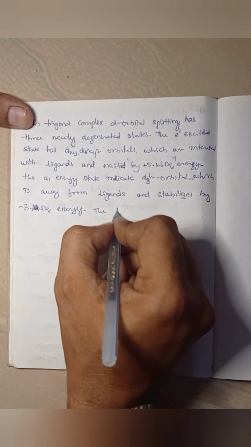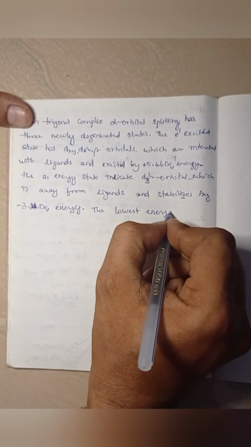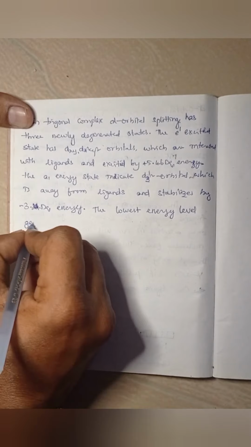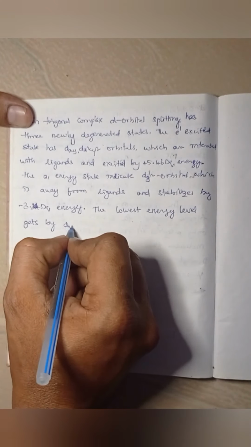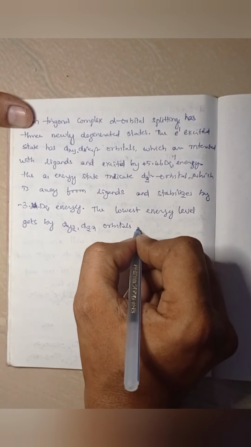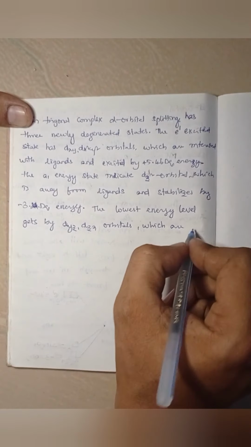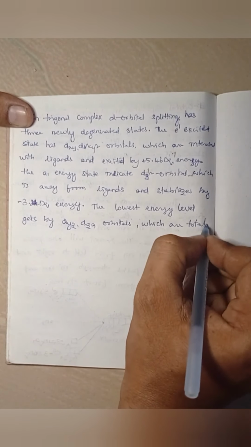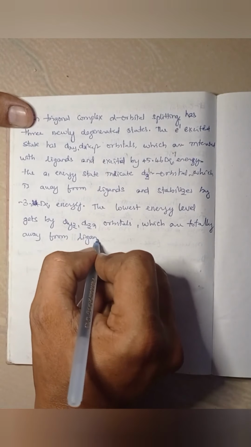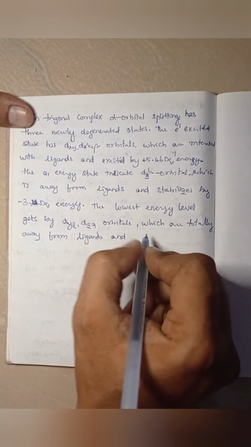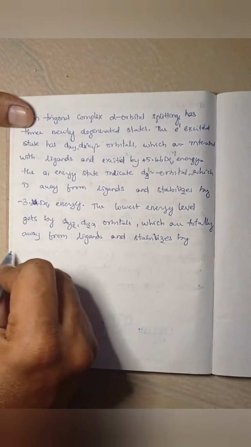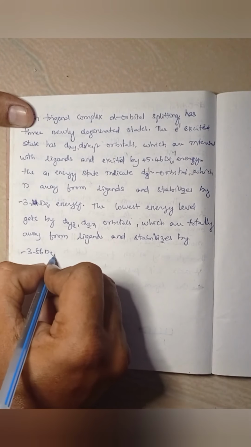The lowest energy level is given by the dyz and dzx orbitals, which are totally away from ligands and stabilize by minus 3.86 dq energy.